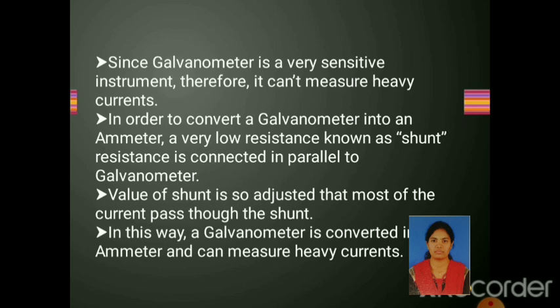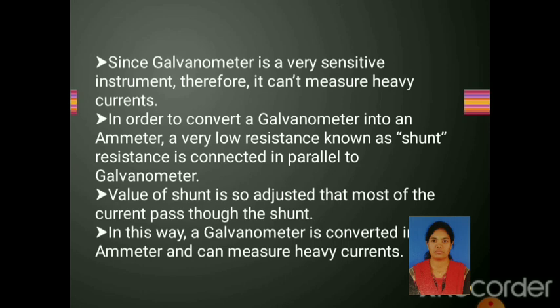In order to convert a galvanometer into an ammeter, a very low resistance known as shunt is connected in parallel to the galvanometer. The value of shunt is so adjusted that most of the current passes through the shunt.